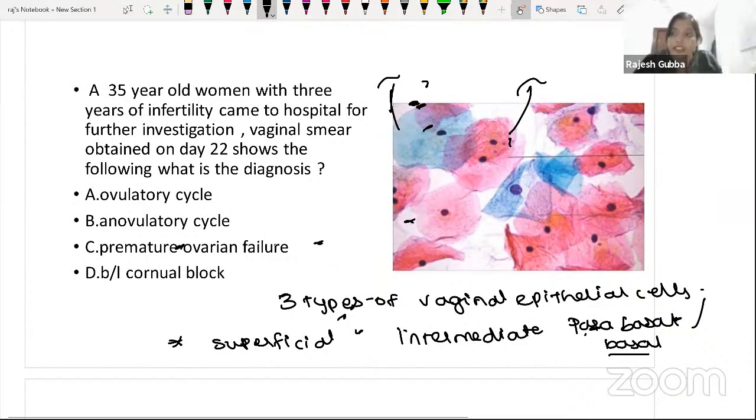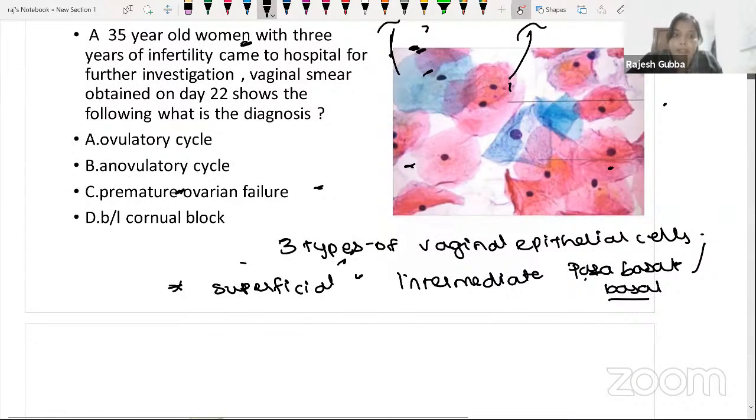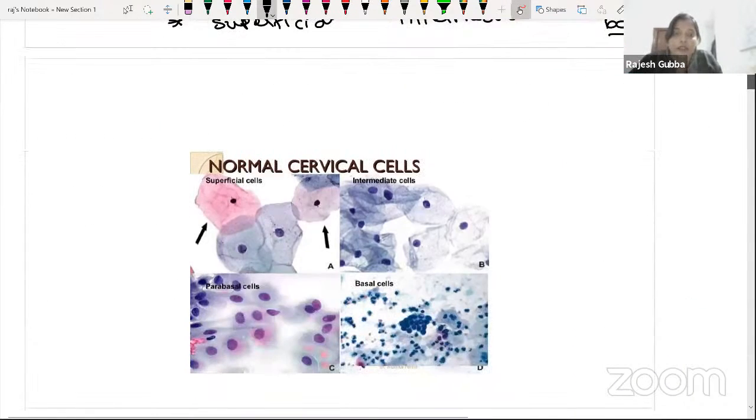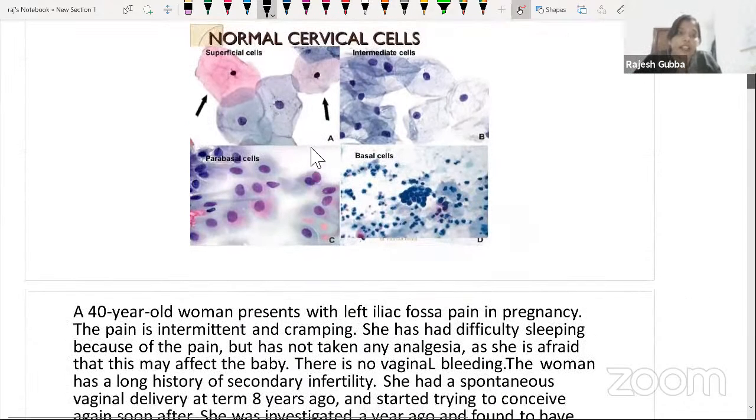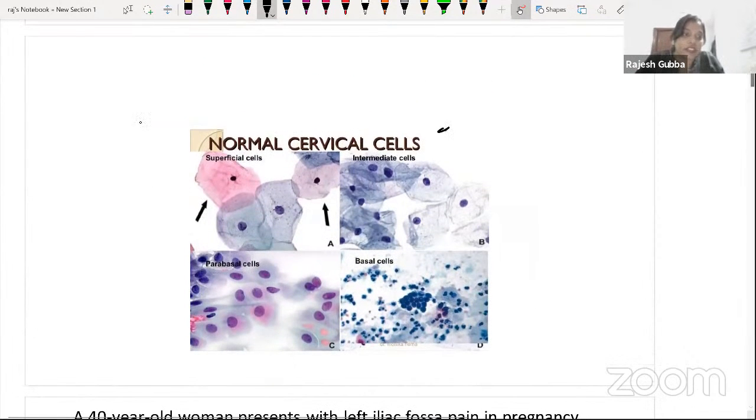So the image which you're seeing here: pink and polygonal cells are superficial cells.